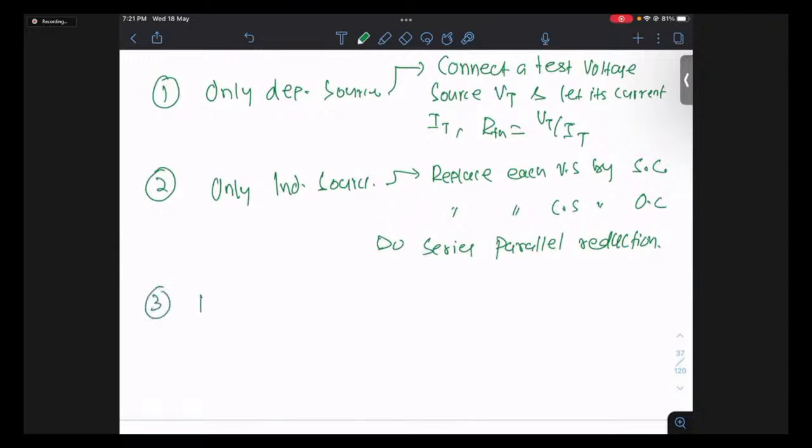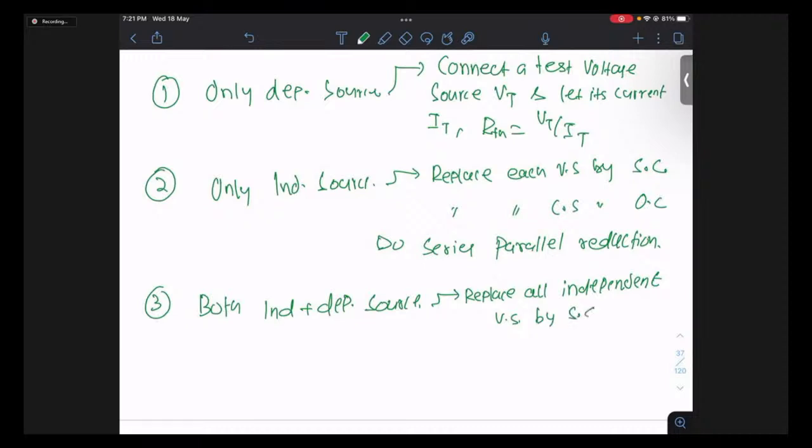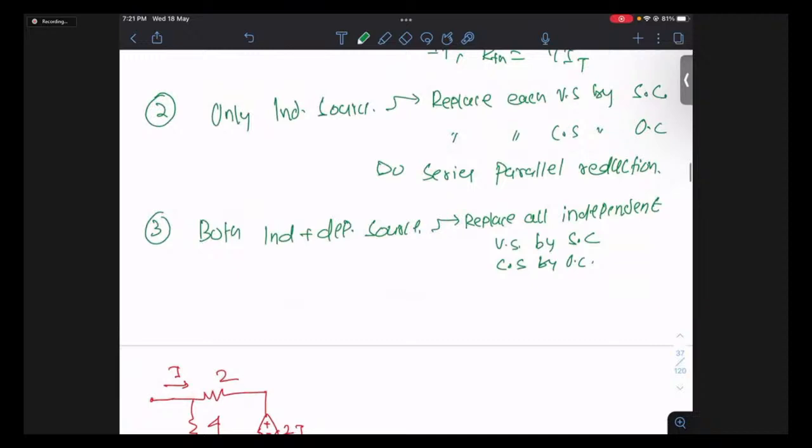Third case is, if it is containing both independent and dependent sources. The first point is, replace all independent voltage sources by short circuits, current sources by open circuits.